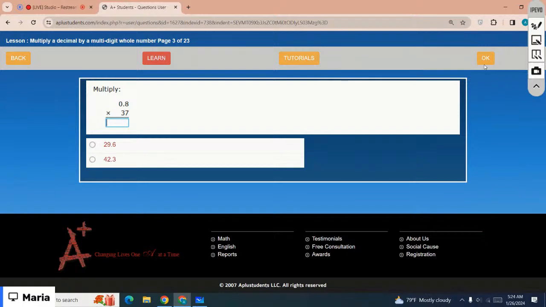The correct option is option number 1. 29.6 is the correct option.